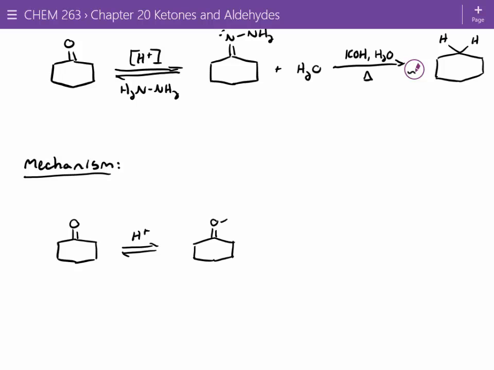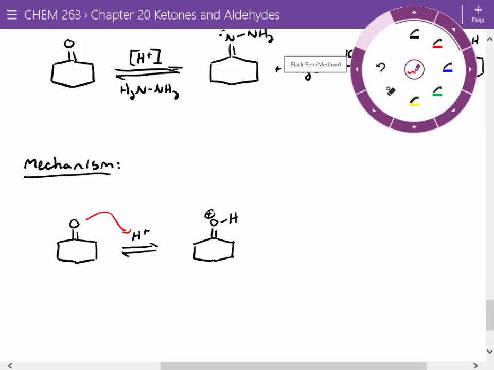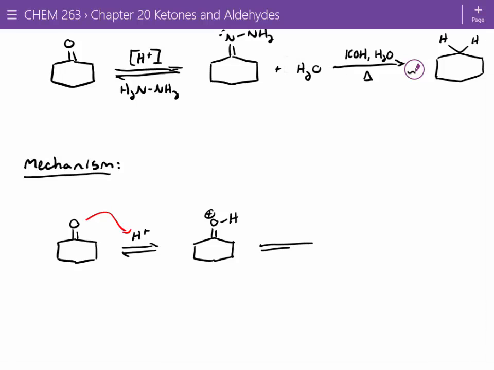We can protonate our ketone. So let's draw our arrow pushing there. Next step, we've got hydrazine that can add in as a nucleophile, kick up electrons.